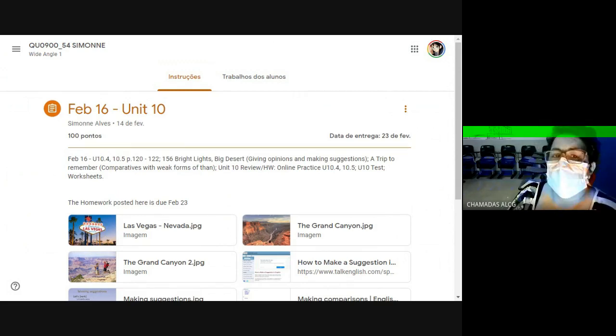It's taking a while here because of the internet connection. I'm trying to reload the page so we can open the book. Let's see what happens.